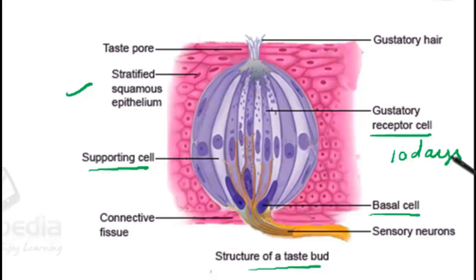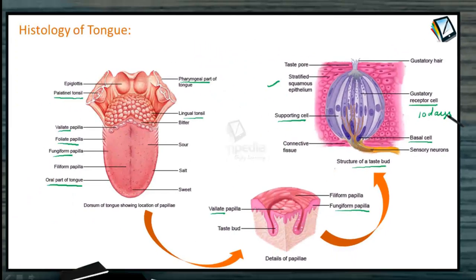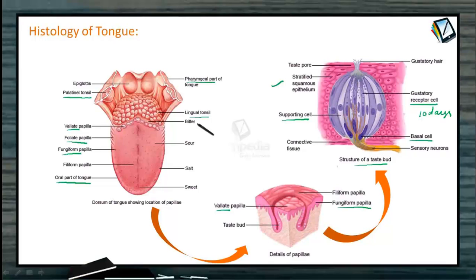So let us see how we are able to perceive the taste. There are four primary tastes. They are bitter, sour, salt and sweet. Let us see how we are able to perceive salt taste. When we take salty food that contains sodium ions, these attach to the gustatory hair.